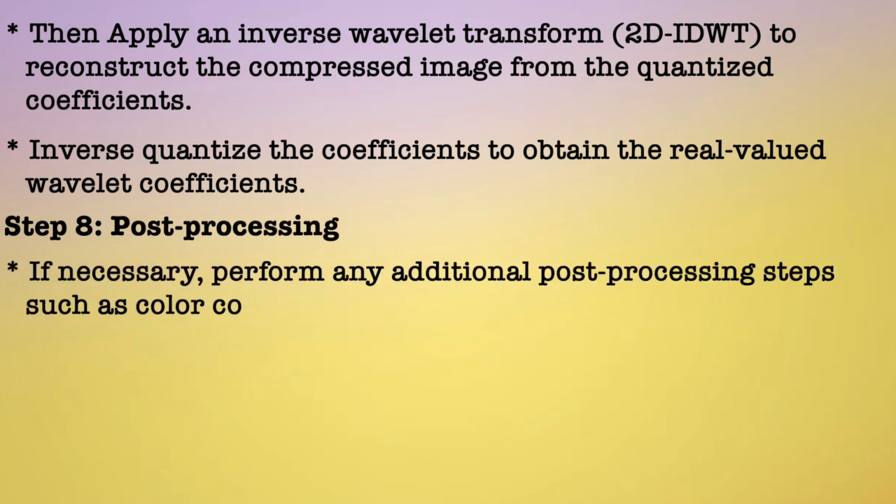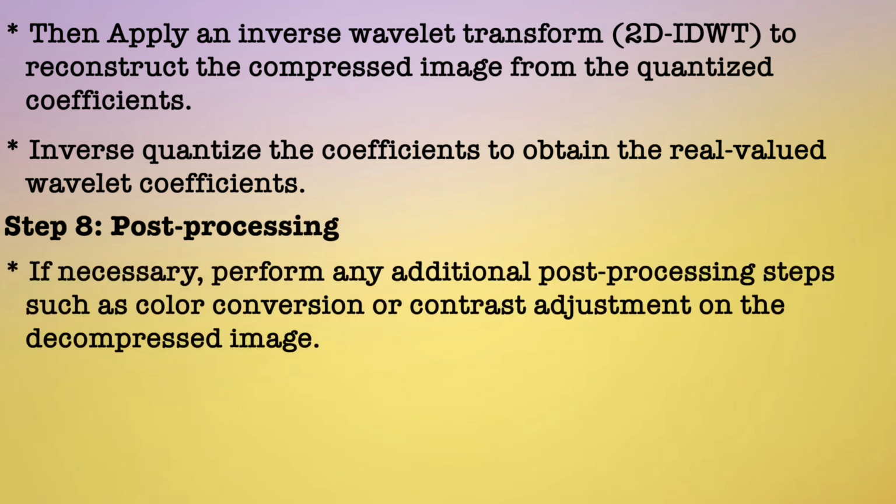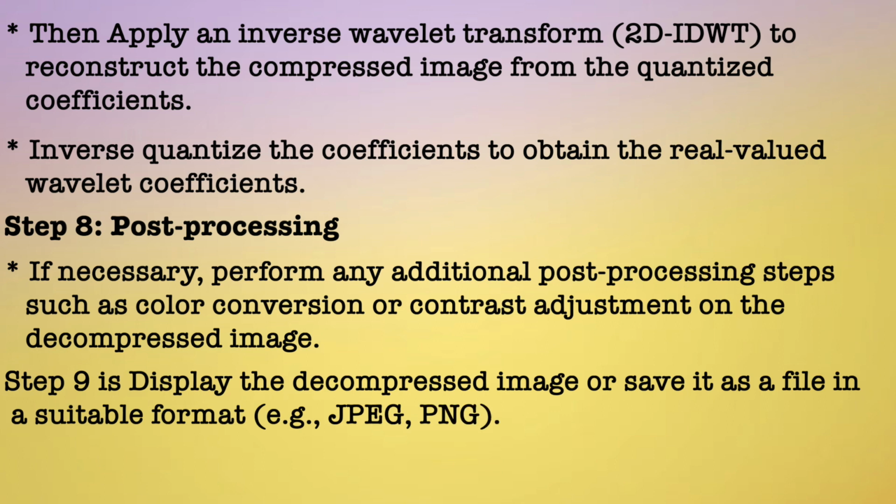If necessary, perform any additional post processing steps such as color conversion or contrast adjustment on the decompressed image. And step 9 is to display the decompressed image or save it as a file in a suitable file format, for example JPEG, PNG file formats.